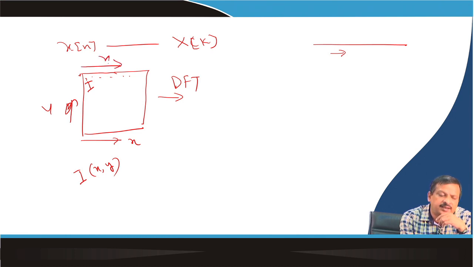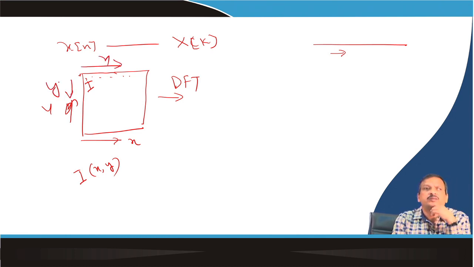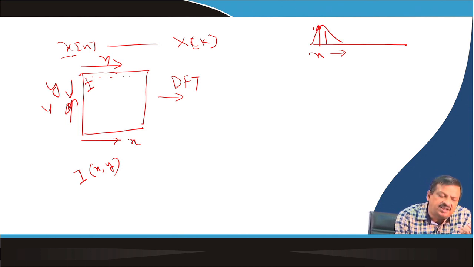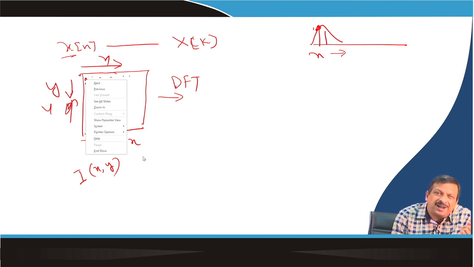This is x and this is y. So, I is a function of x and y. Like x of n, where the amplitude is a function of n, I take that instant amplitude. Here also I digitize the image, I get the pixel index. So, that is called a spatial signal.